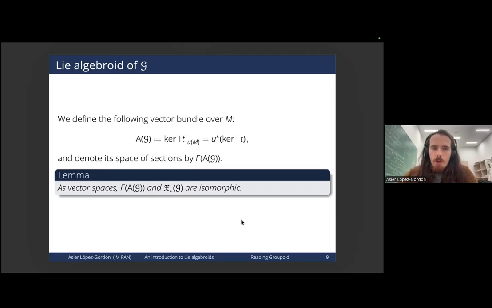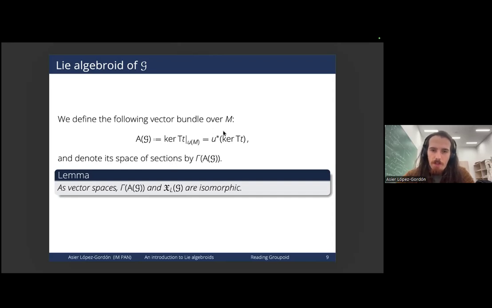So how will we define the Lie algebroid of a Lie groupoid? First, we will define a vector bundle, which will be the kernel of the tangent of the target restricted to the image of the identity map. Recall that U is the map that goes from the base space M to G, the space of arrows, and gives us the identity arrow.